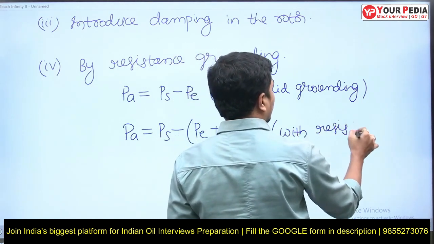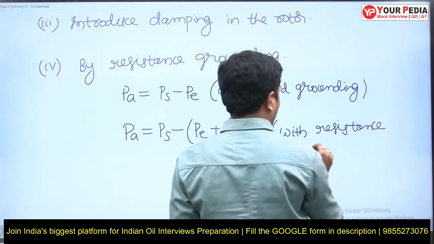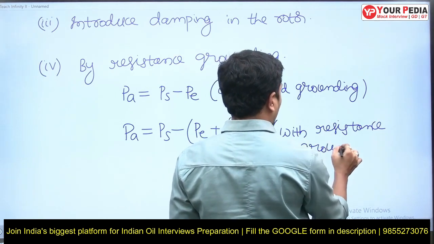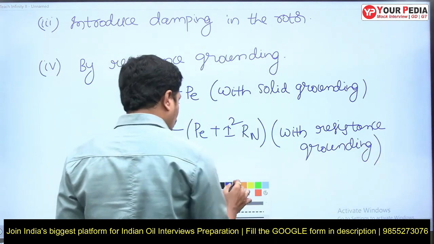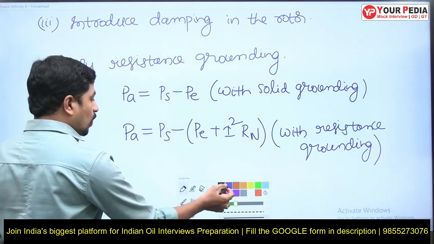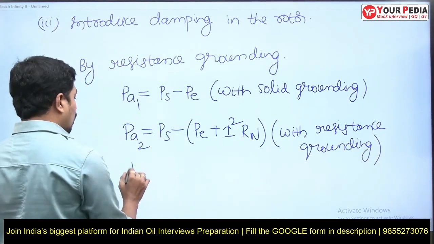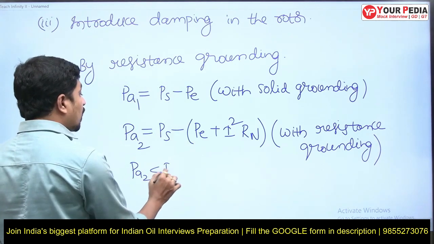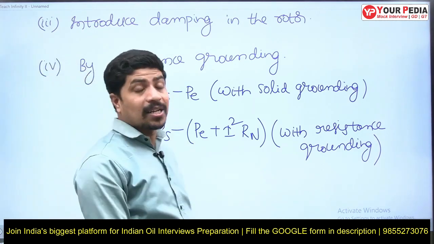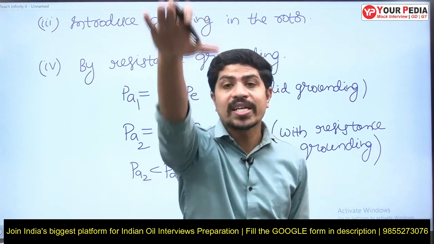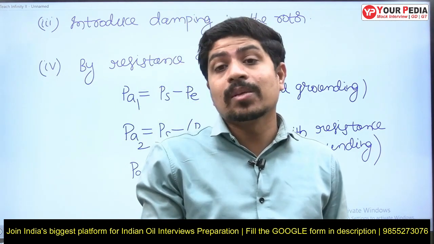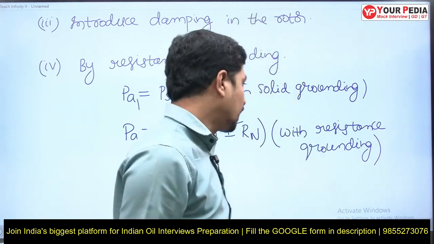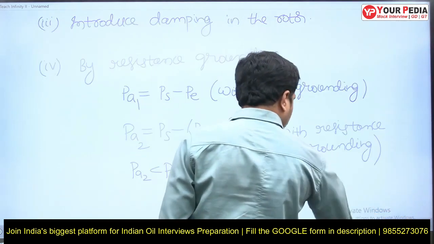Call this one Pa2 and the other Pa1. Pa2 is less than Pa1. Pa is the acceleration power. If acceleration power decreases, the acceleration of the rotor will decrease, and if acceleration decreases, stability will improve. Next one.